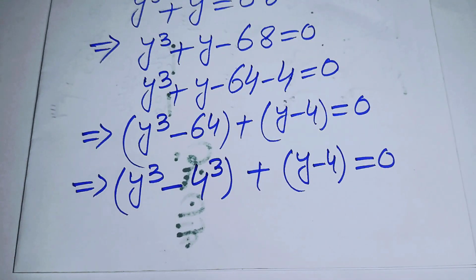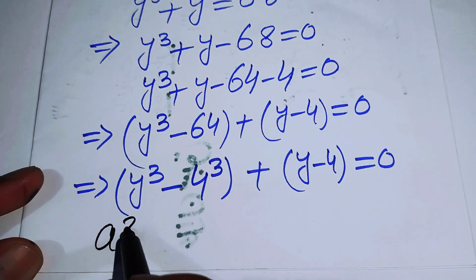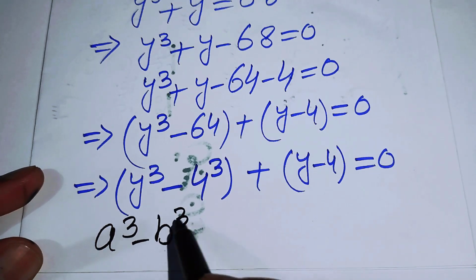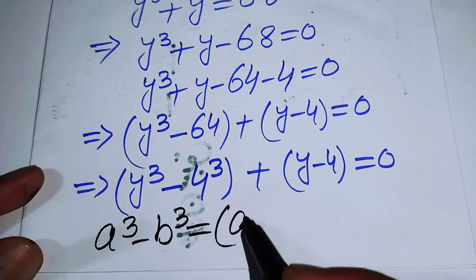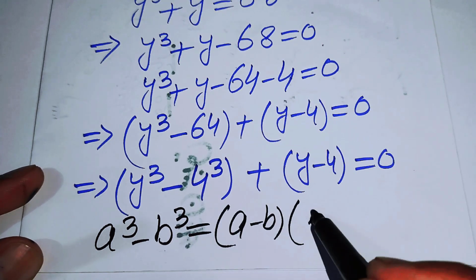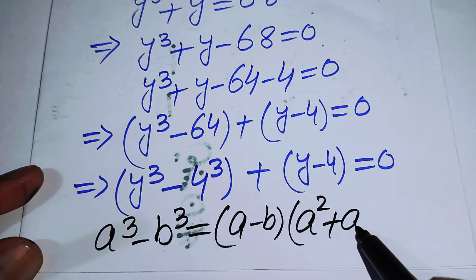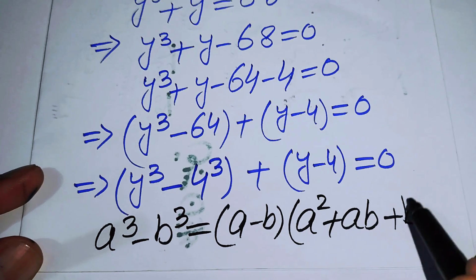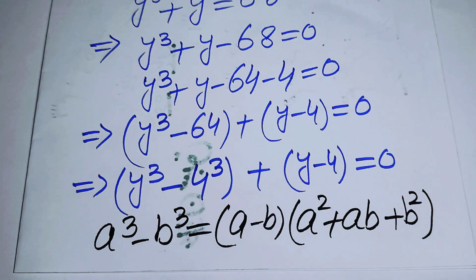And now we can use the nice cubic formula, and you know that if we have a cubed minus b cubed, it is equal to a minus b times a squared plus ab plus b squared.